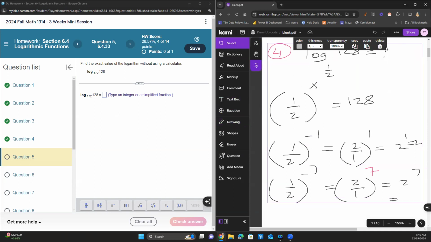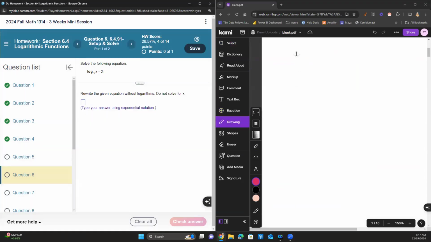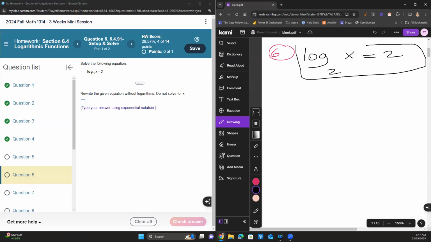The next question this time is number 6. For number 6, here is what we have. I have log, and the base number is 2, and this is x, and this will be equal to 2. Now I'm going to handle it by converting it to an exponential equation.